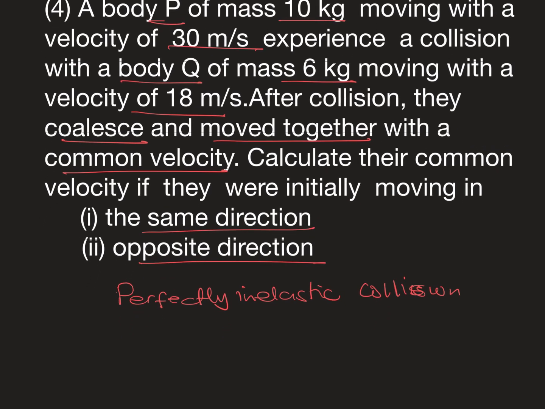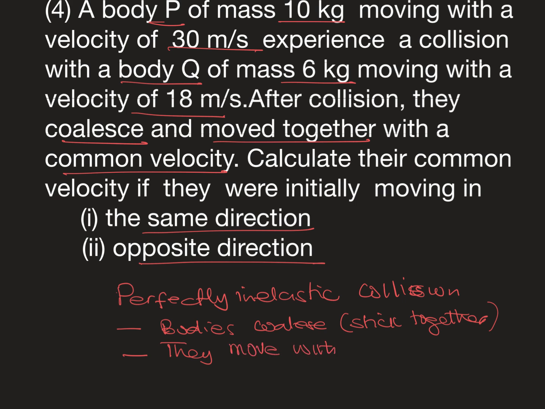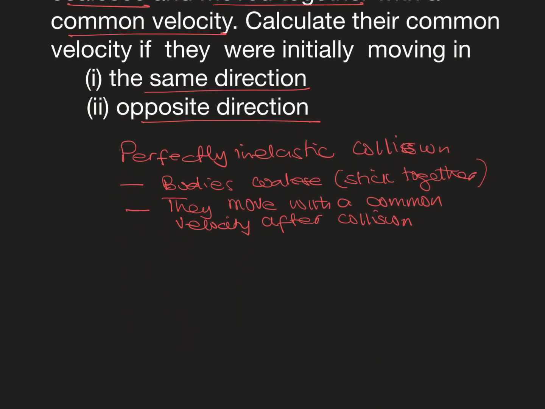Because for a perfectly inelastic collision, the bodies coalesce, which means they stick together and they move with a common velocity after collision. Okay, but we are going to deal with it in two different cases.